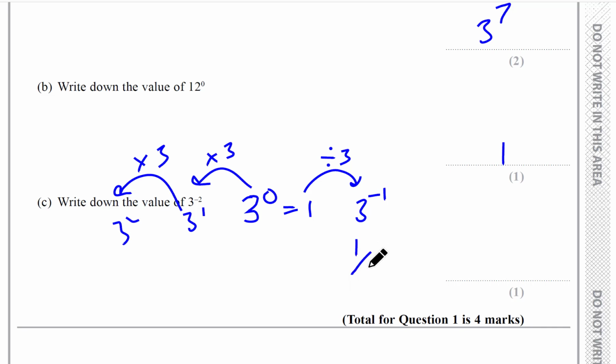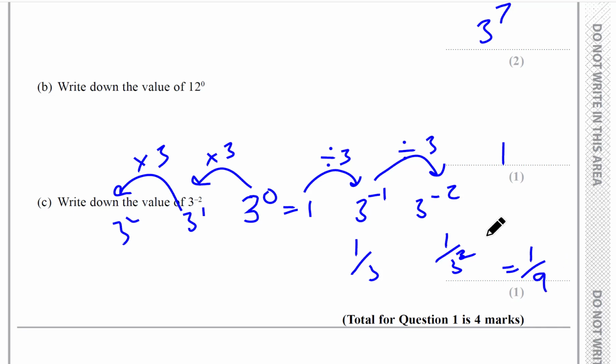So that is 1 over 3, so 3 to the minus 2 is 1 over 3 squared, which equals 1 over 9, because it does say value here. So do not leave your answer as 1 over 3 squared. The value is going to be 1 over 9.